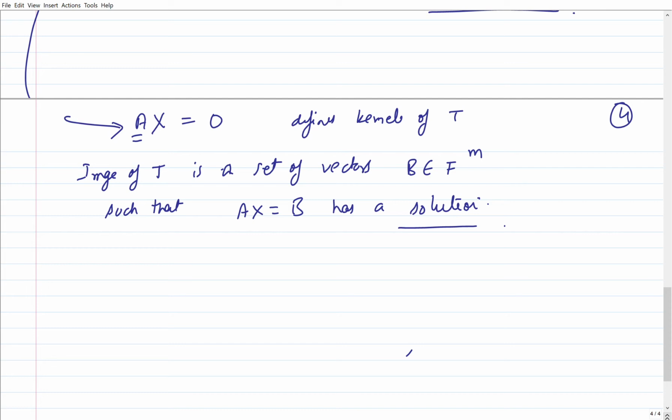And so what is our theorem? Essentially the main part of this section is to say that let T be a linear transformation taking vectors from V to W, and we'll just assume V is finite dimensional.